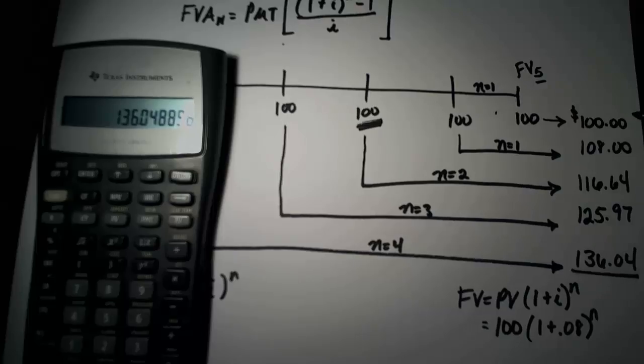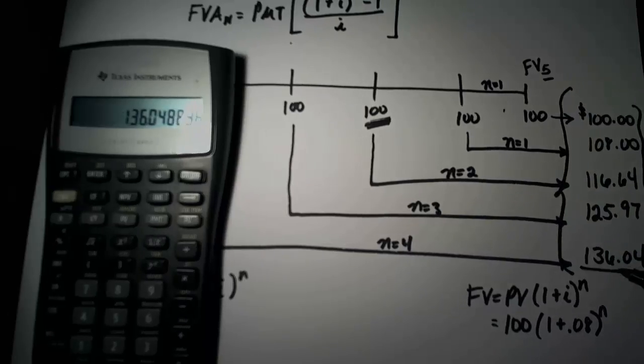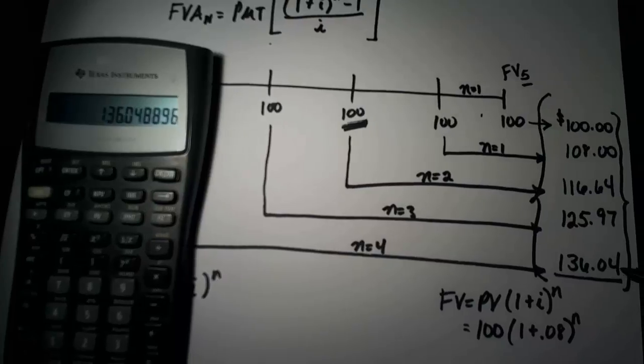Now, the next thing that we need to do is add up all of these payments right here. Let me move this in a little bit to make sure it all comes into focus.